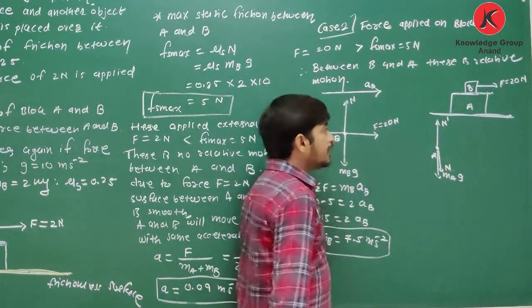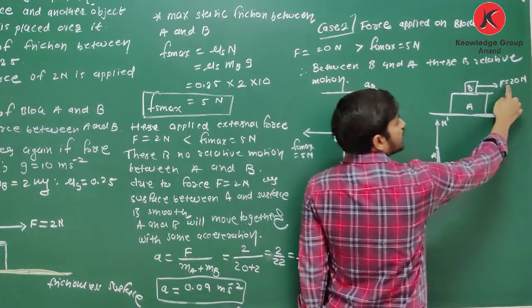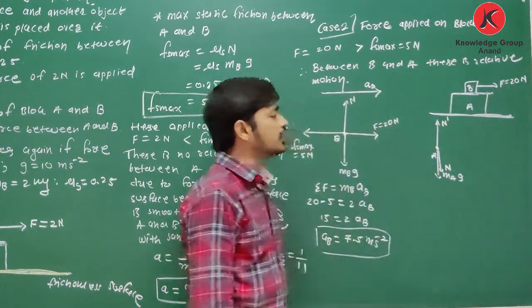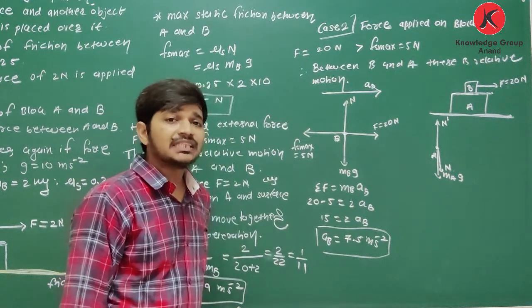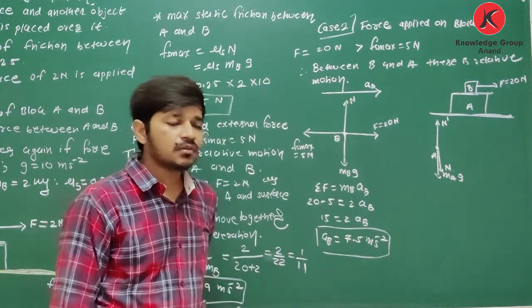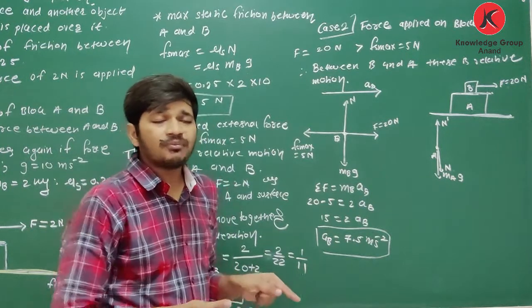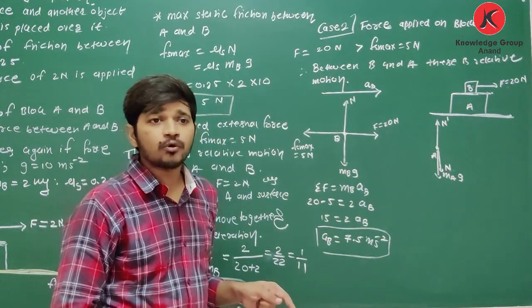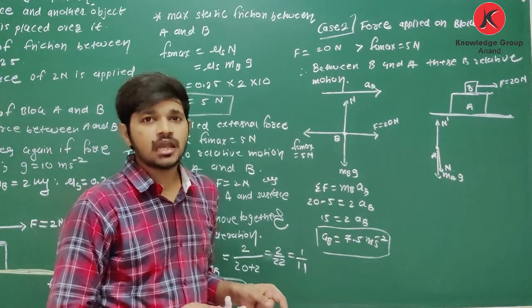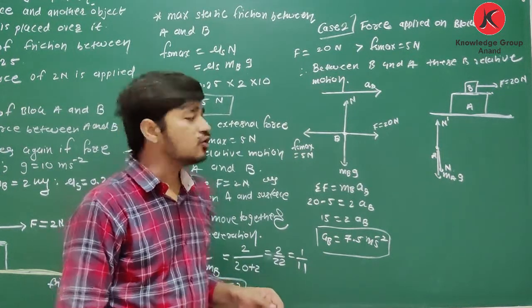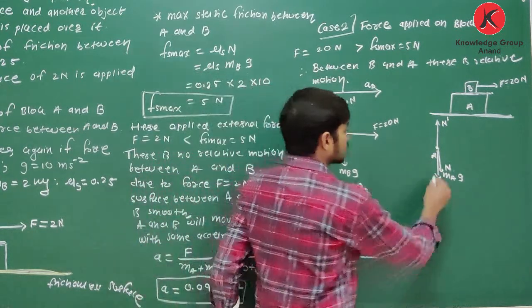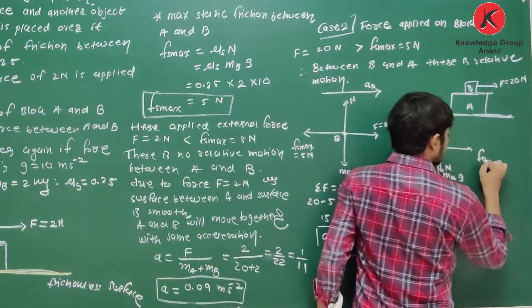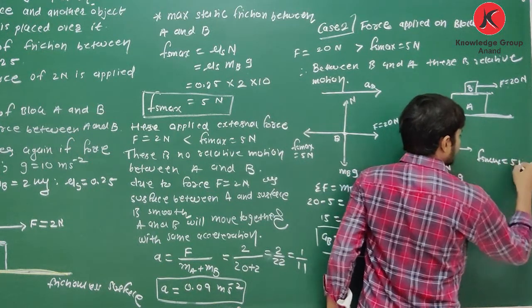Now, is there any horizontal force on A? No, it is only on B. But as there is friction force between A and B, when two objects are in motion, it opposes their relative motion. So if on block B friction is in this direction, on block A friction is in this direction, that is 5 Newton.